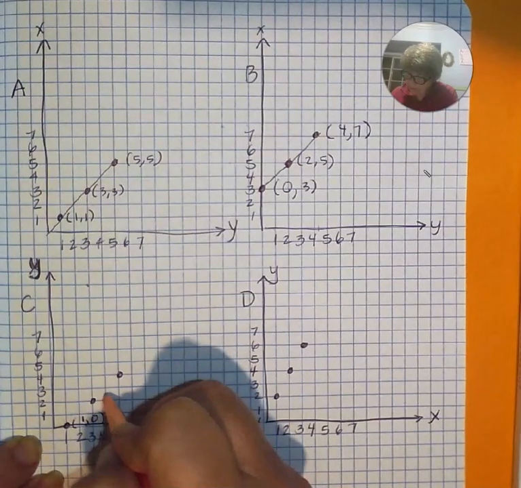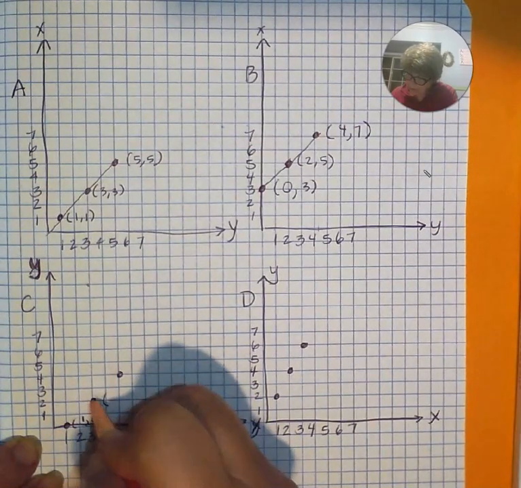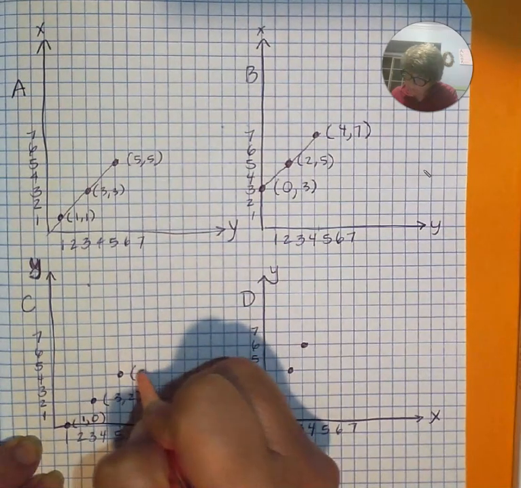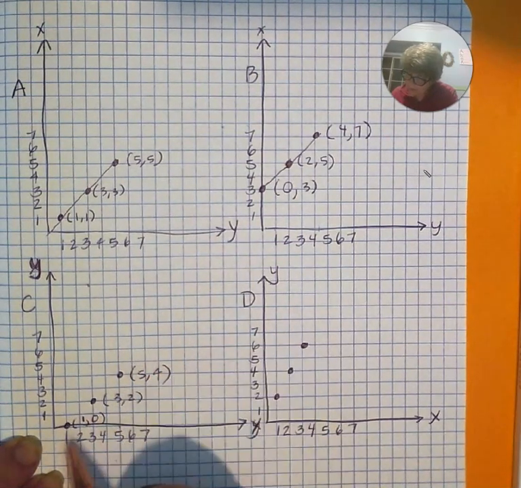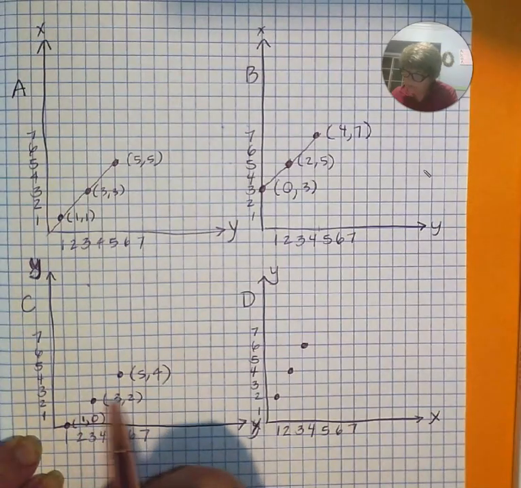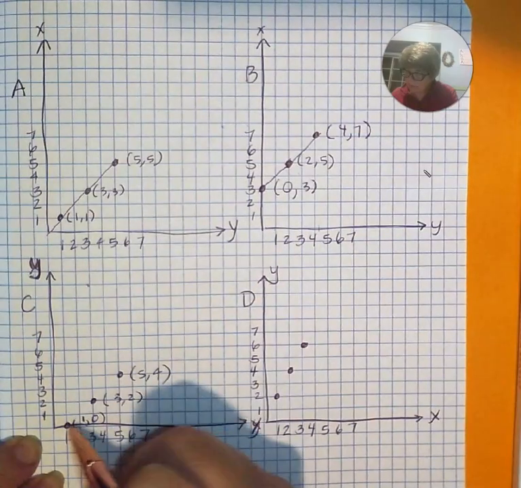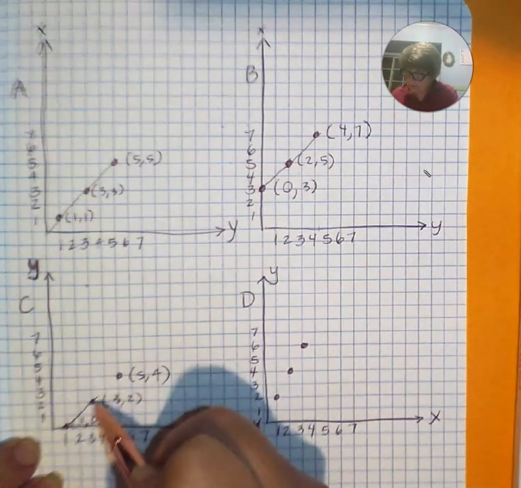And then 3, 2, and 5, 4. So here we have going across 2 and up 2, going across 2 and up 2, very much like B, except that we're starting right there on that x-axis.